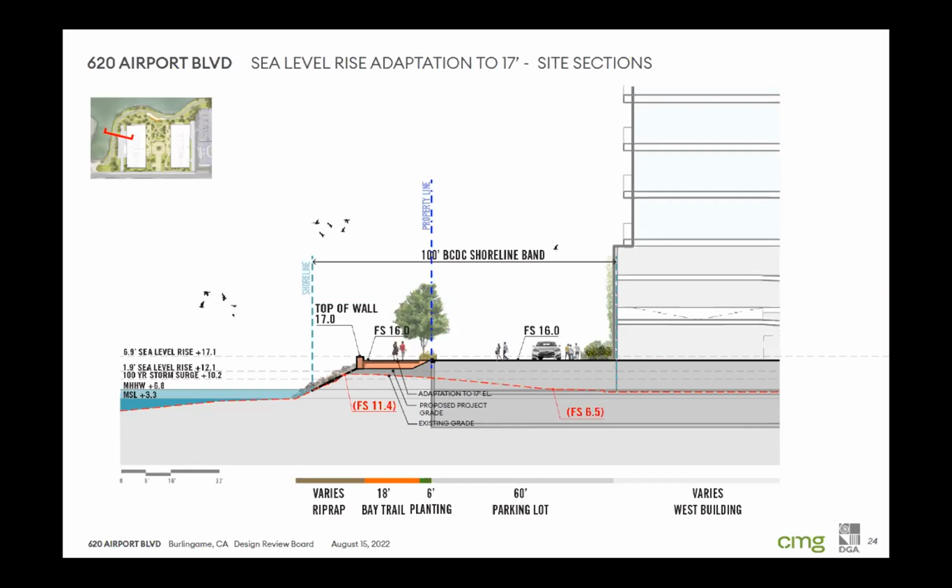Okay. Yeah, Andrea, I want to add a point of clarification, because this is something that's been coming up with all of the Burlingame projects. Staff generally does not look at the shoreline band as a setback. We say it's the shoreline band, it's our jurisdiction. You have the requirement to provide maximum feasible public access consistent with your project.